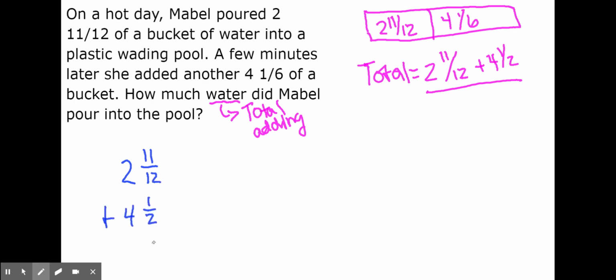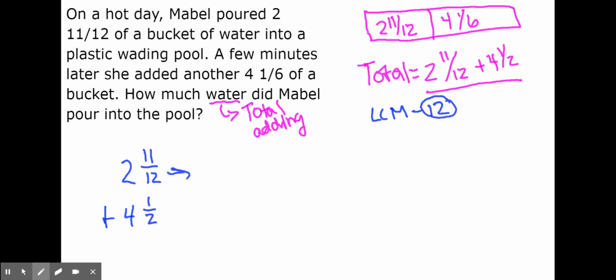Now I can add the whole numbers now, but I'm going to implore you to wait and just keep carrying them over until we have equivalent fractions. Okay? So 2 and 11 twelfths, twelfths and 2, we need an LCM. Well, 12 is probably going to stay because 2 is a factor of 12. So the LCM is going to be 12.